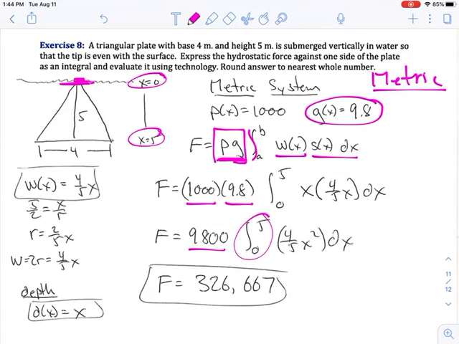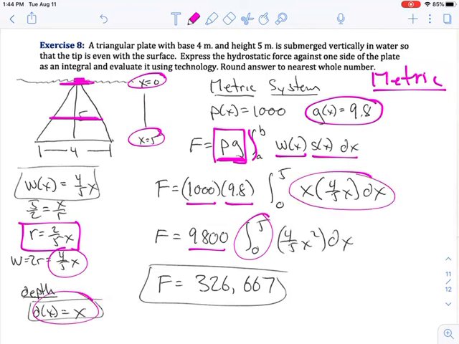Well, what about my width function? Similar triangles again. Here's the third or fourth time we use similar triangles. And so we get radius is 2/5 x. The width is twice the radius, so the width is 4/5 x. 2 times 2/5 is 4/5 x. And the depth is just x.